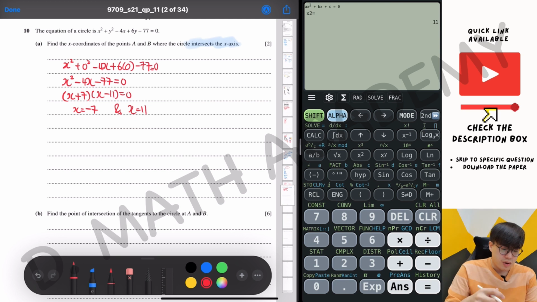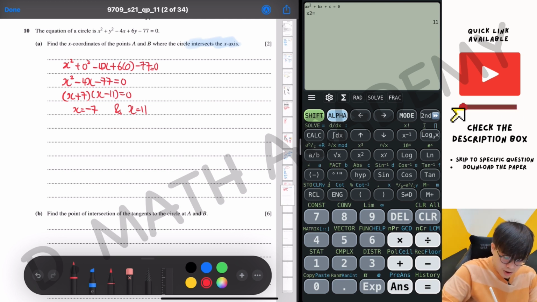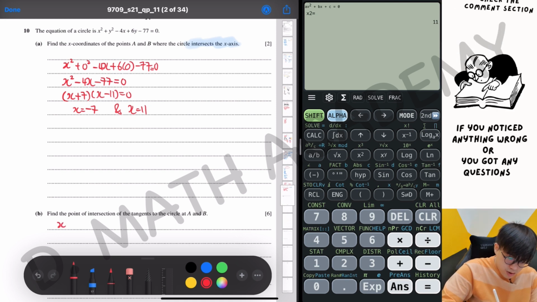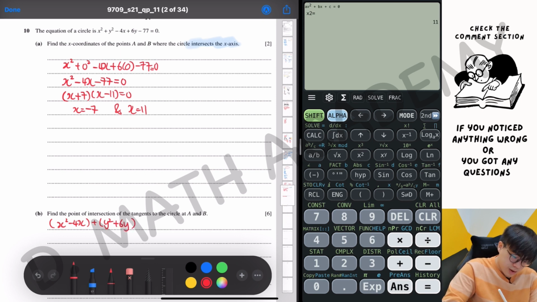Okay, so how it works is you're required to run some calculation here. So you actually have x squared minus 4x, y squared plus 6y and then minus 77 equals to 0.